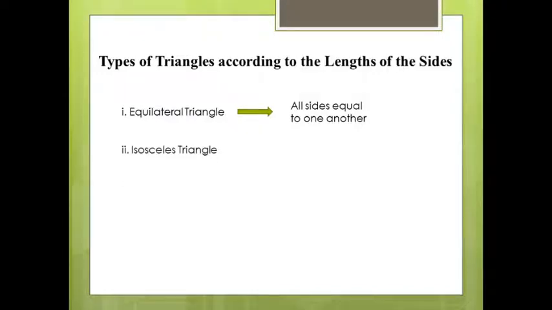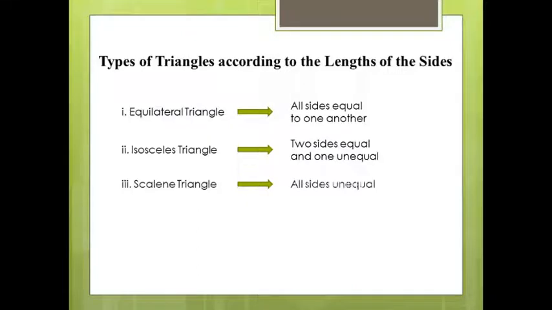In these triangles, two sides are equal to each other and the third side is unequal to them. Number three is scalene triangle. In this type of triangle, there is no side equal to each other. It means all the sides are unequal to one another. There will be no two sides equal to each other.